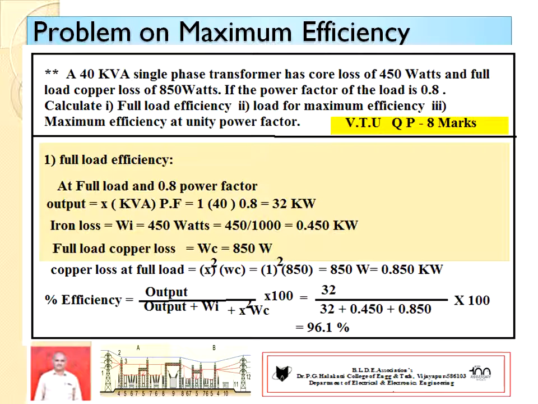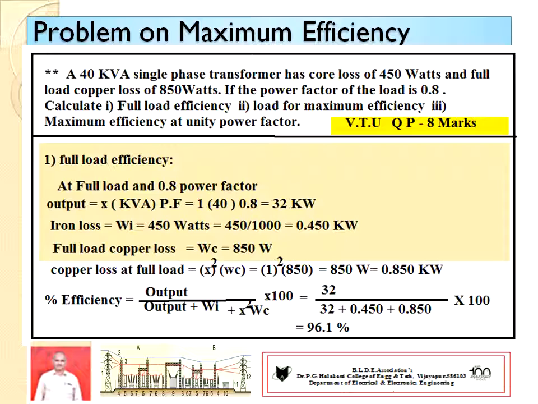X is 1, kVA is 40, power factor is 0.8. So, we are going to get output as 32 kilowatt. Iron loss Wi 450 watts, convert into kilowatt, divide by 1000, 0.450 kilowatt.